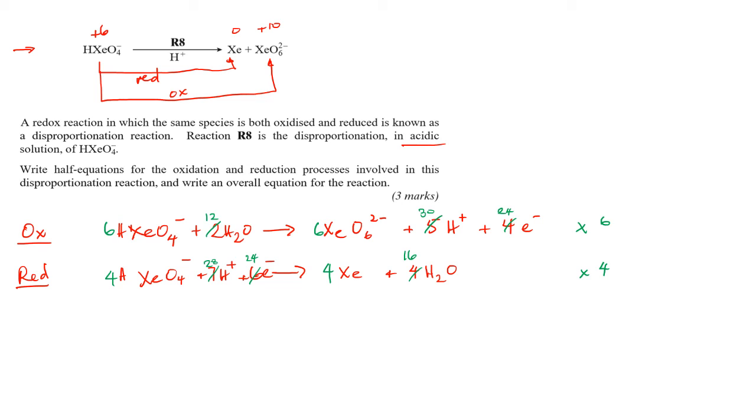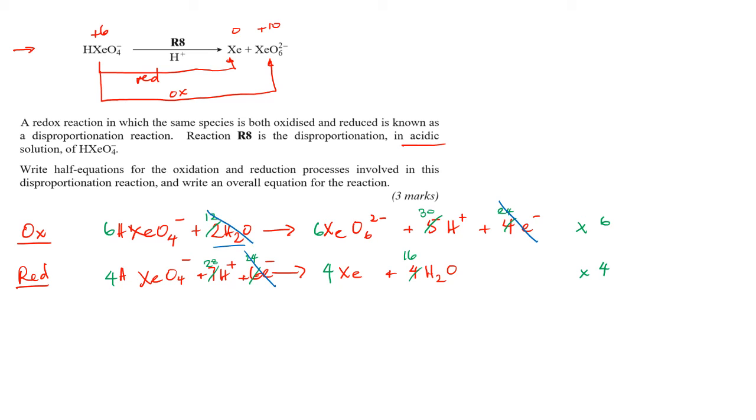I'm going to change color again because before we add them together, we're going to cancel stuff out. The first step is to cancel out the electrons. So 24 electrons on the left and the right are going to cancel out. But we can also cancel waters. We've got 12 waters in the oxidation reaction on the left-hand side, and we've got 16 in the reduction reaction on the right-hand side.